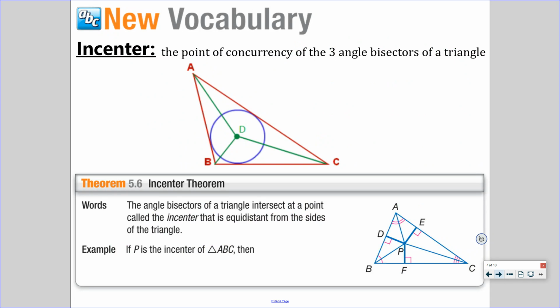If I take all the angle bisectors of a triangle, so I'm going to do these in green. A is an angle bisector, meaning it splits angle A in half. B is an angle bisector, splits angle B in half. Say C is also an angle bisector, splits that one in half.